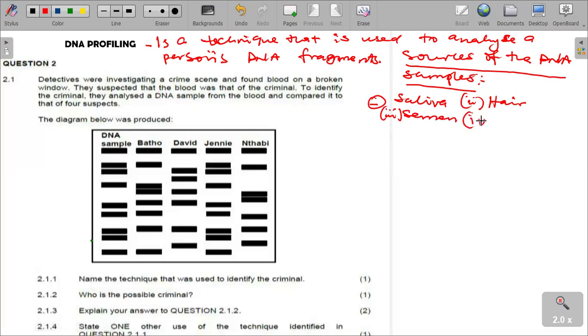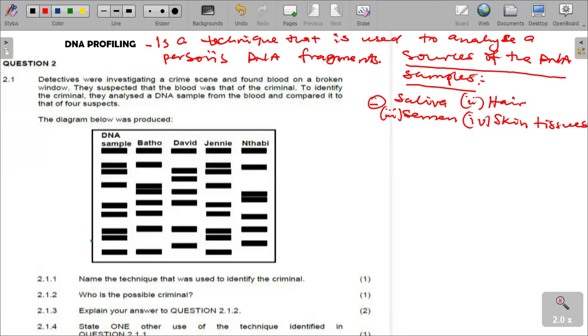It can as well be found from skin tissues, which can be skin cells. Just to mention a few among other lists.